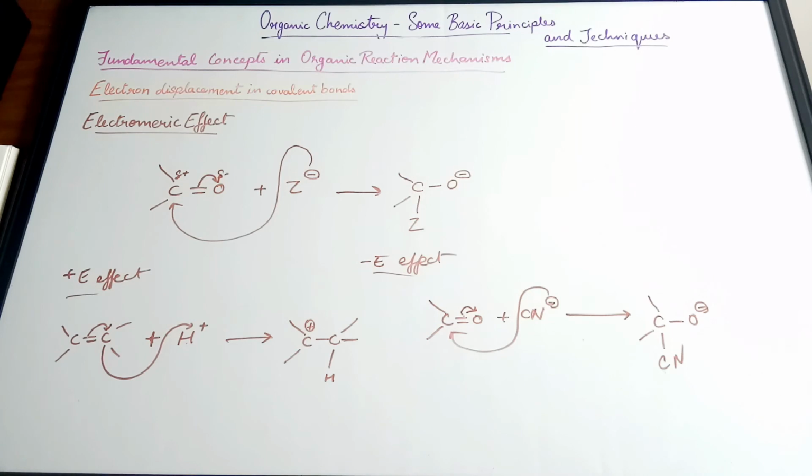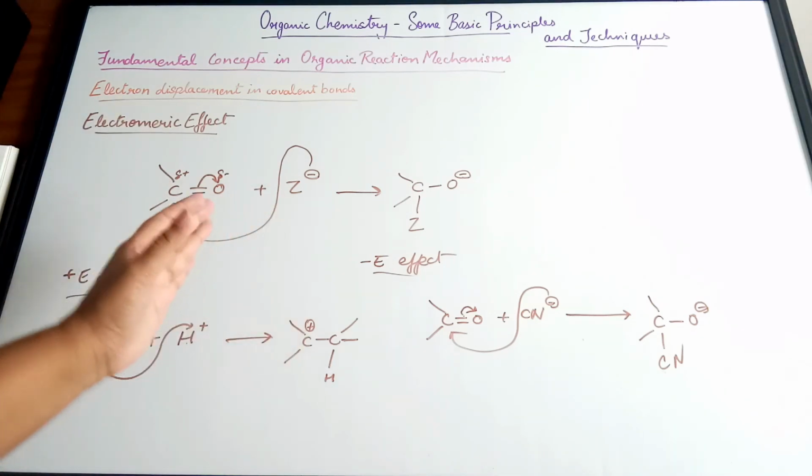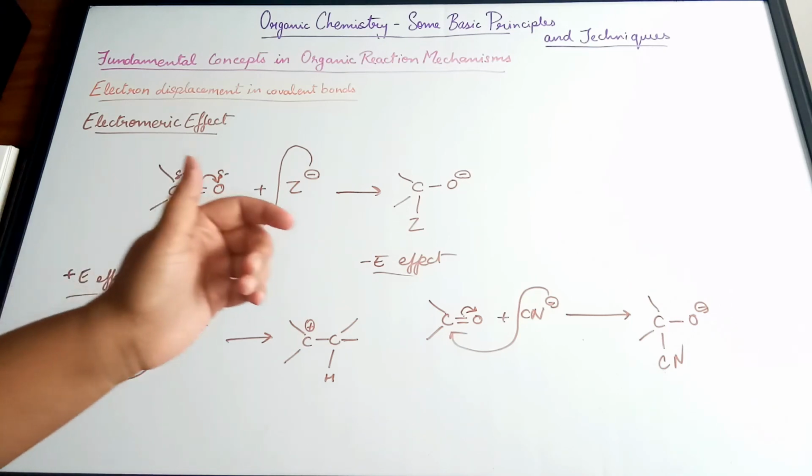So electromeric effect is basically the phenomenon of movement of electrons towards one of the atoms which form the double bond, and this is in presence of a reagent, so it is not a permanent effect but a temporary effect. So suppose before all of this takes place, we introduce the reagent and then we immediately remove it, then things will go back to normal. So electromeric effect, like inductive, also has a plus E and minus E effect.